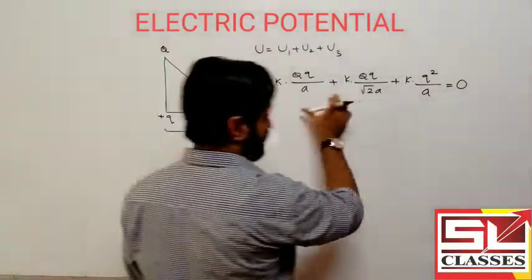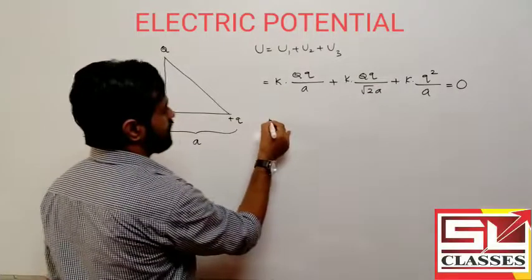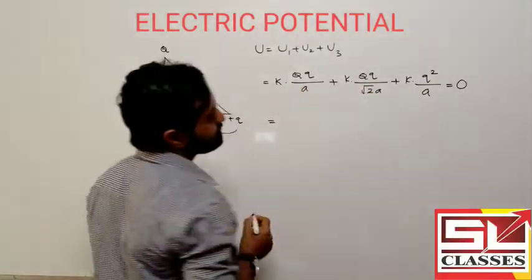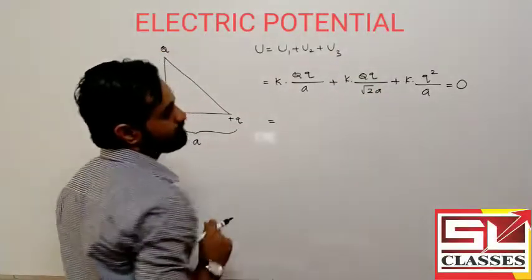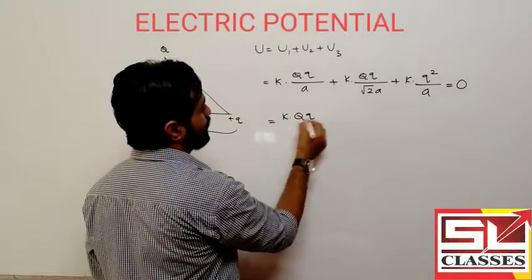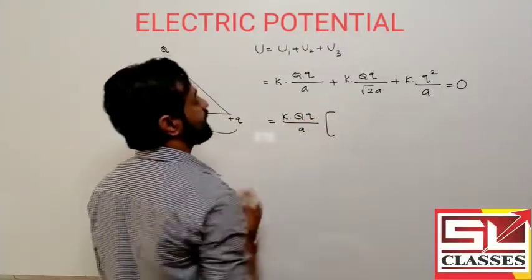Okay, now we have to find from this equation what is the value of Q. So when we solve this, from these 2 terms, take the common terms outside. K Q q by A, take that term outside.